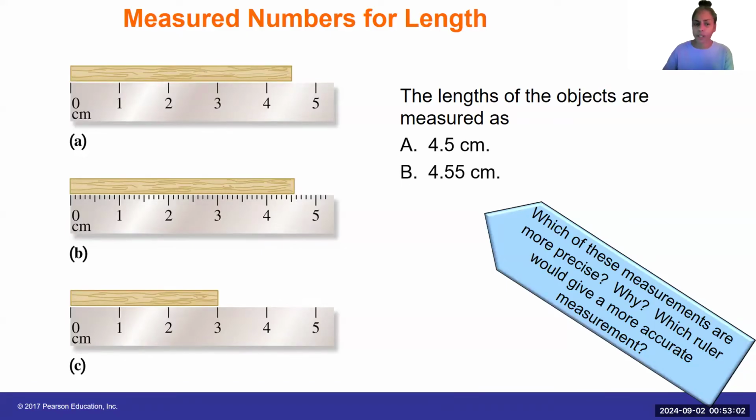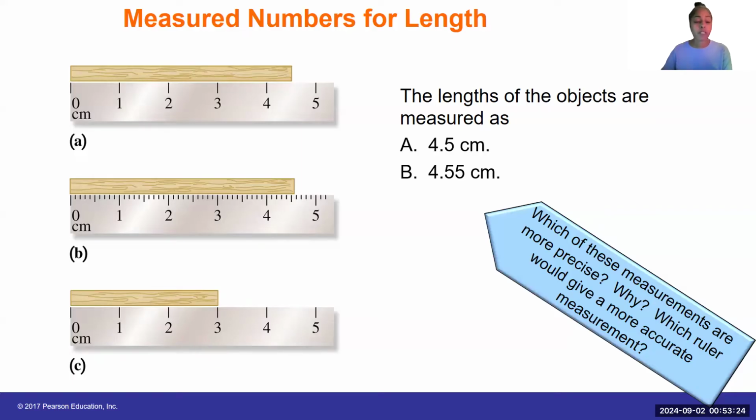What do you think? Now, let's take a look at ruler number C. What would you say the measurement of this piece of wood is? Would you say it's 3, 3.0? Would you call it something different?